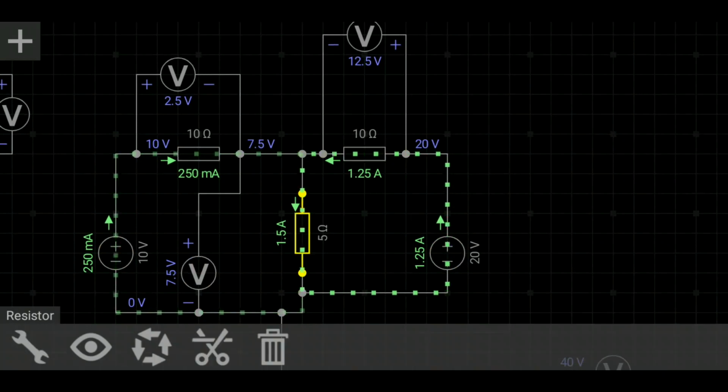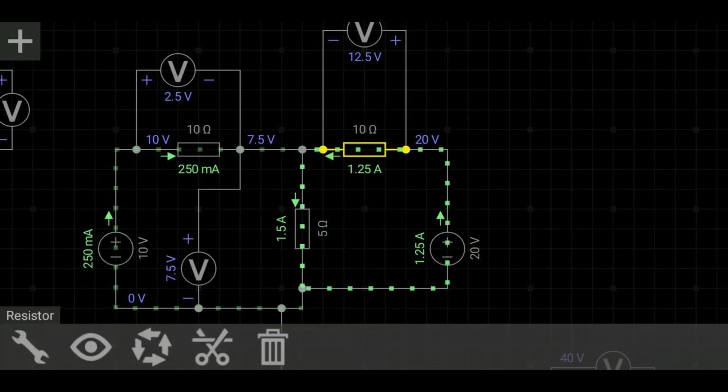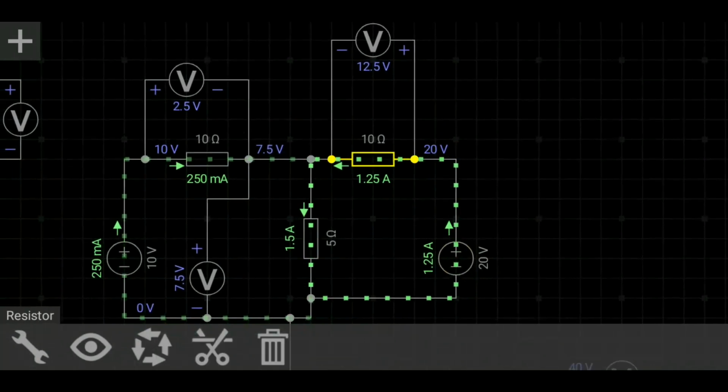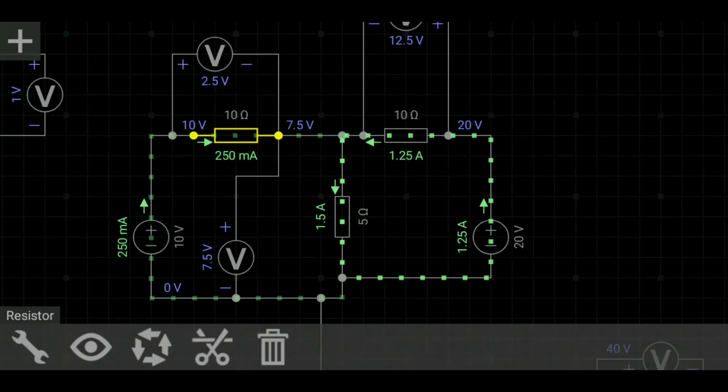Now see from the right side loop that here 20 volt is supplied, here a drop of 12.5, and here 7.5 volt drops. So the overall voltage drop is also 20 volts. So here also KVL holds. Now we can see whether we can apply KVL outside the loop or not.